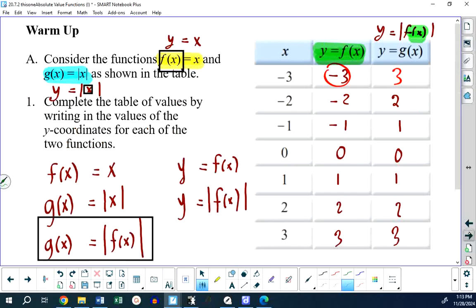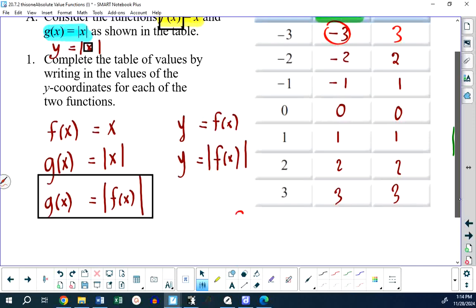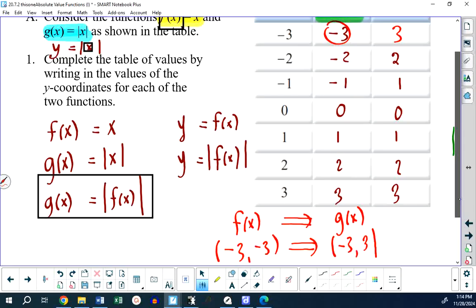So in this first warm-up, this point here on f of x, this point of -3 comma -3, becomes, on the new function, -3 comma +3, because we are taking the absolute value of the y coordinate on the original point, or on the original function.